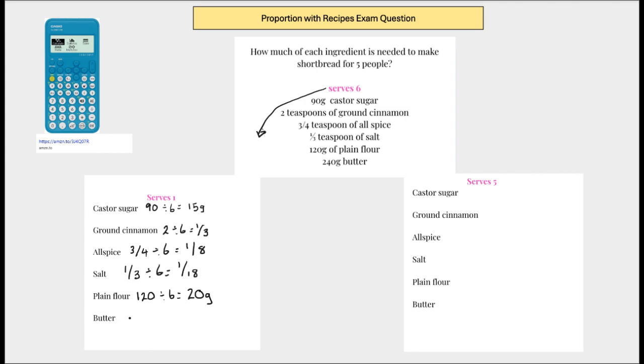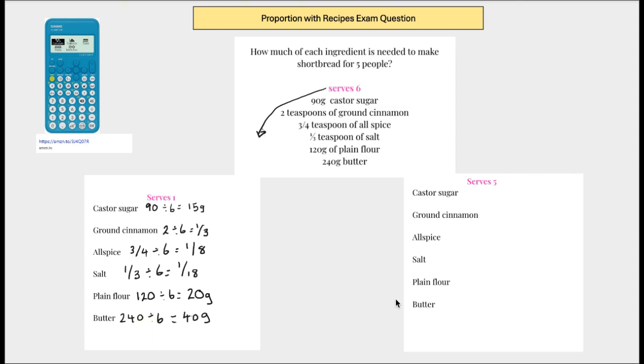And then for butter, it's 240 divided by 6 equals 40 grams. Now, I haven't used a calculator for this one or this one, purely because I know 6 goes into 12 twice. Just add a 0. Same again here. 6 goes into 24 4 times. Add a 0.